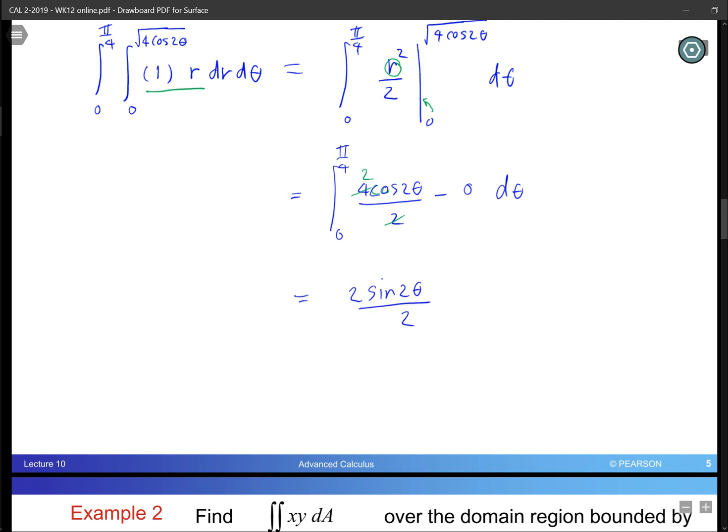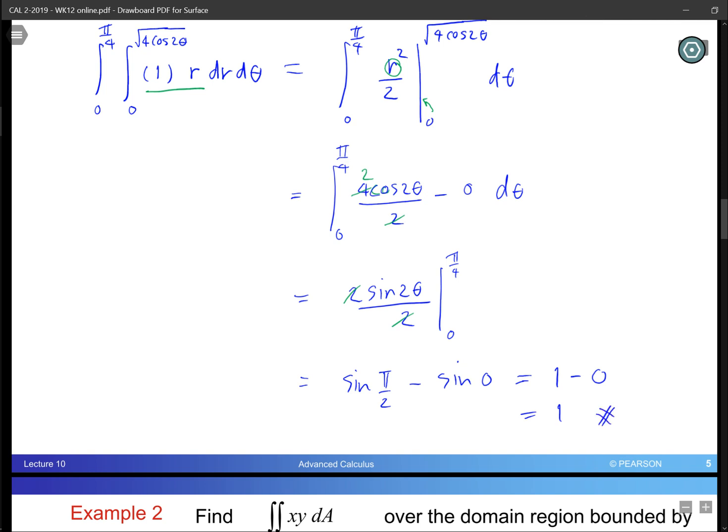Now we see cancellation here too. All right, and we evaluate this at 0 and pi over 4. So this is equal to sine pi over 4 goes in, becomes pi over 2, minus sine 0 goes in, becomes sine 0, and that's equal to 1 minus 0, and that is 1.